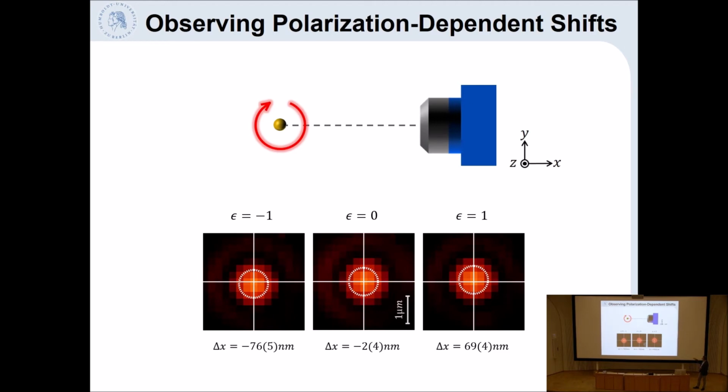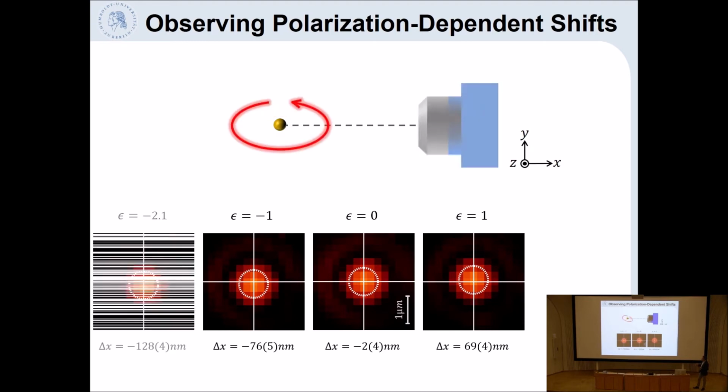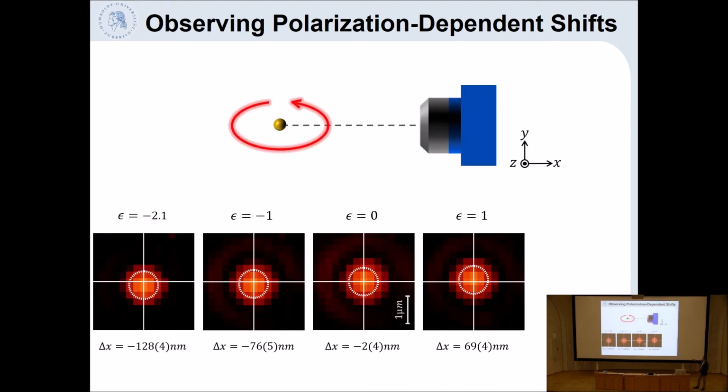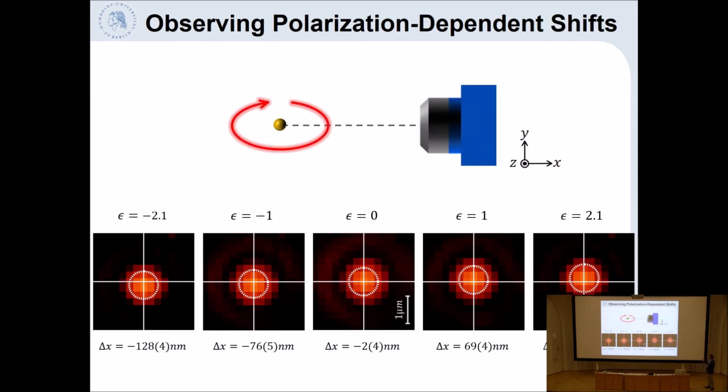And if you now make the light elliptical, then for an ellipticity ratio, or the two axes here being about a factor of 2 different, you see the shift is double the shift for circularly polarized light. And if we now change the sense of rotation of the elliptically polarized light, it shifts twice as high upwards.